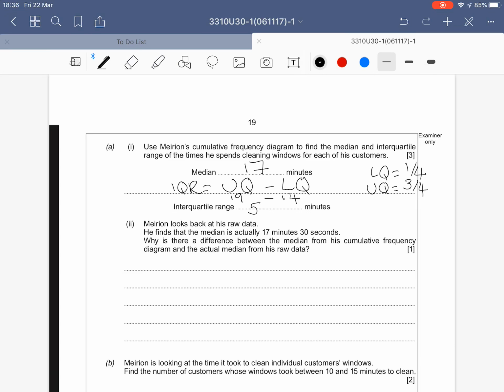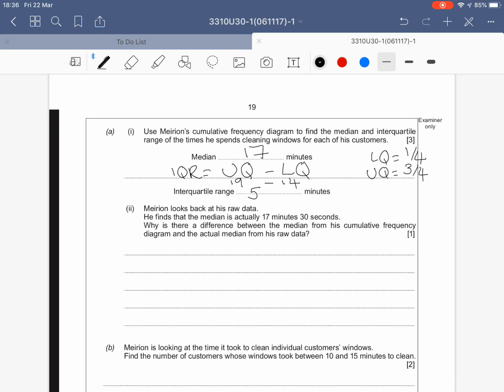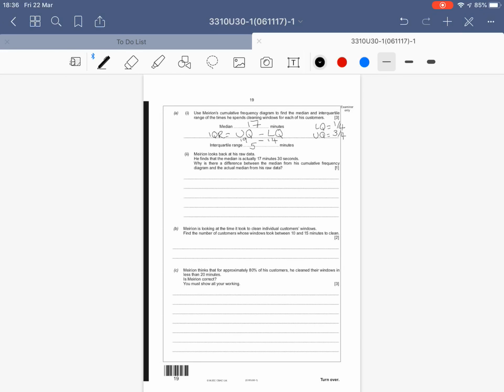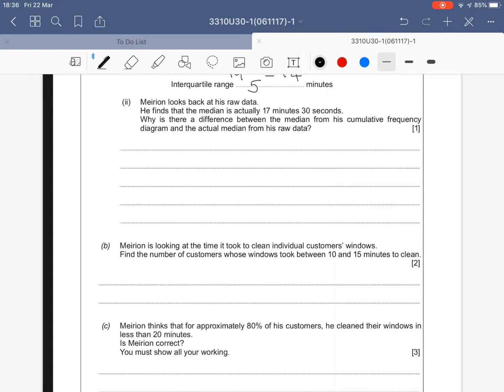So she looks back at his raw data and finds that the median is actually 17 minutes and 30 seconds. So we said it was 17 from his information, but it's actually 17 minutes and 30 seconds. Why is there a difference between the median from his cumulative frequency diagram and the actual median from his raw data? As I said at the very beginning, don't join up cumulative frequency with a ruler.